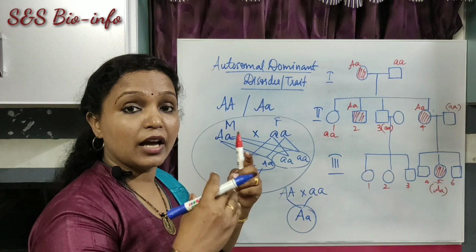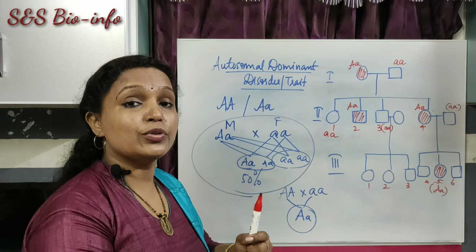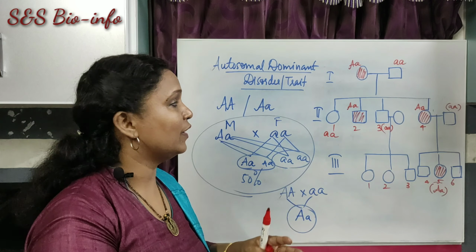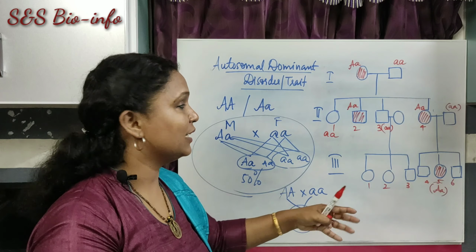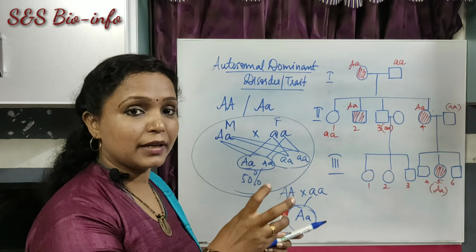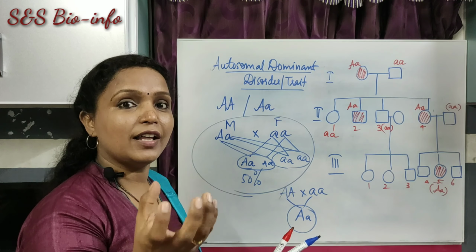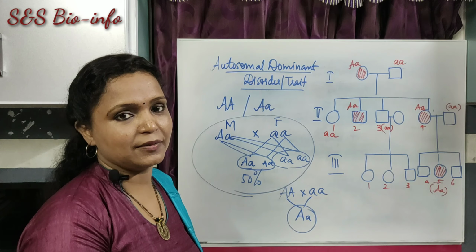So this is the way we have to use clues to find out the type of inheritance using the pedigree symbols, and also apply the type of alleles, homozygous dominant, heterozygous or homozygous recessive, to understand the genotype of the young ones in the successive generation.